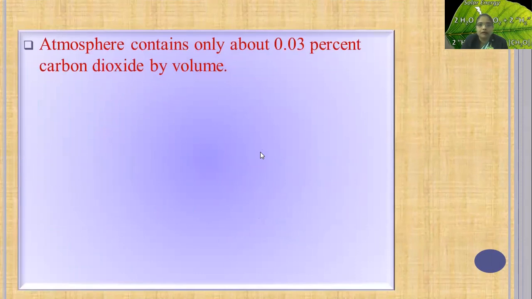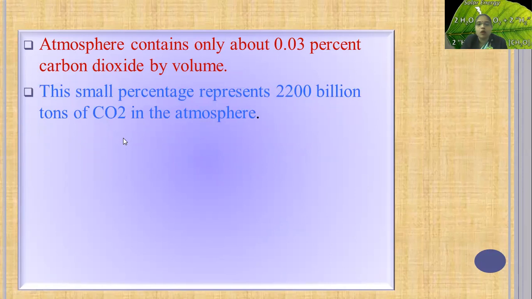So after all these experiments, first the atmosphere contains only about 0.03% carbon dioxide by volume. This small percentage represents 2012 billion tons of carbon dioxide in the atmosphere.